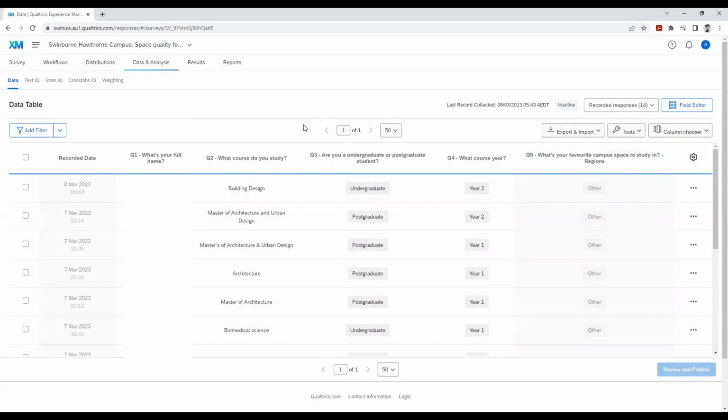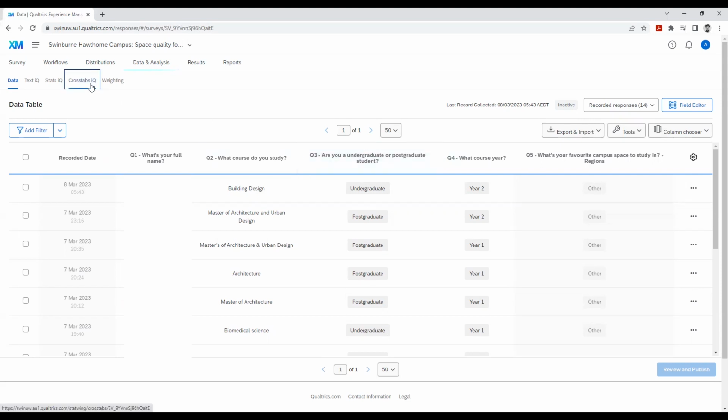Now, you want to understand, for example, when the students were asked, why is it your favorite place to study in? And they answered, it's quiet. You want to see, okay, what percentage of students or how many students answered it's quiet, and what demographic are they from? Are they postgraduate, undergraduate? What course are they studying?